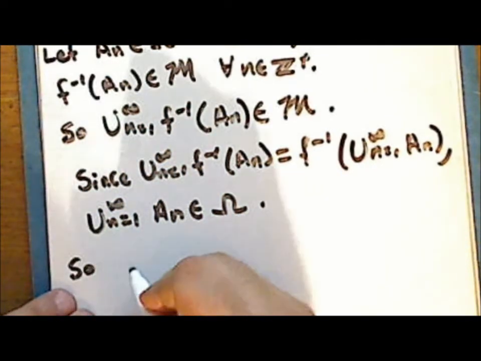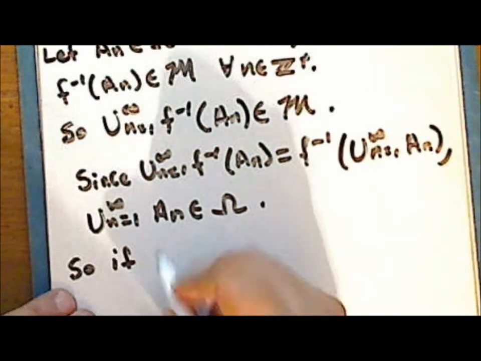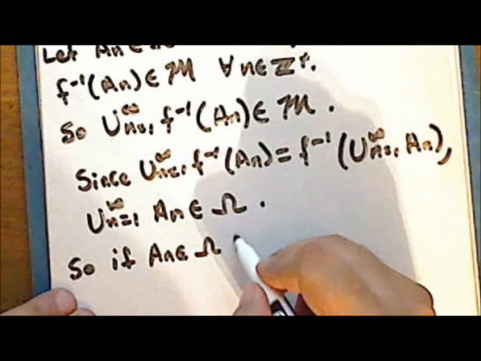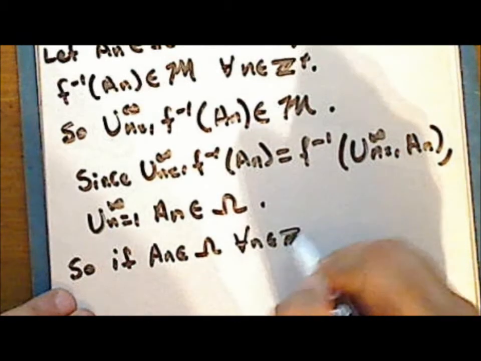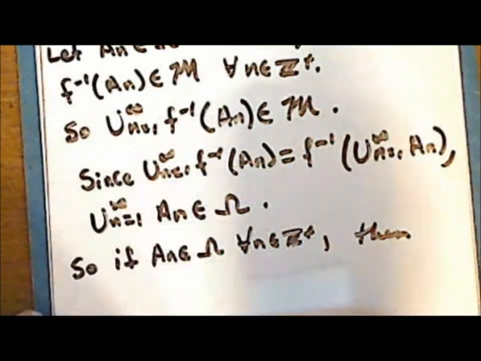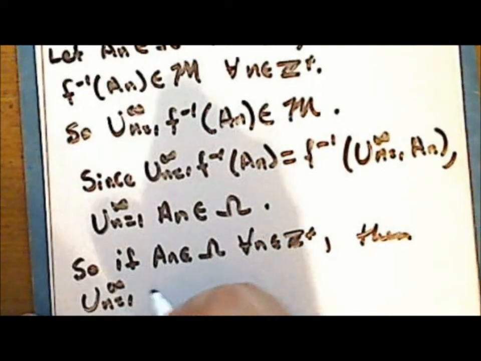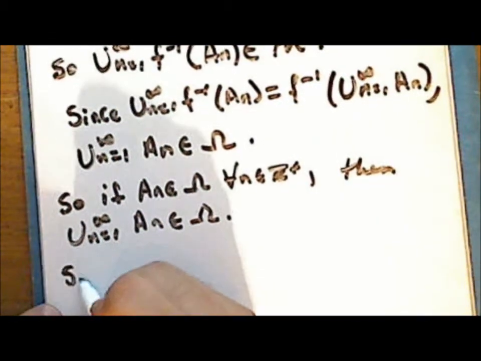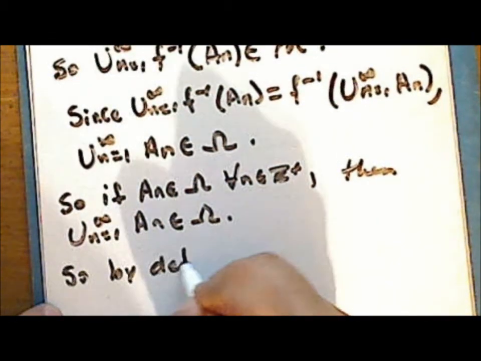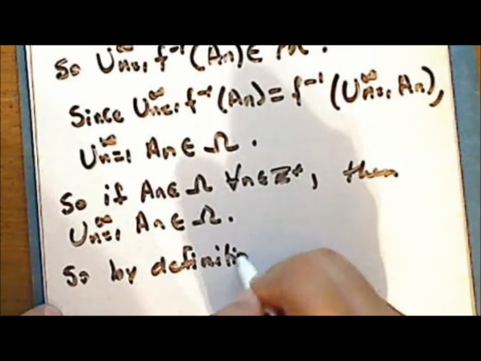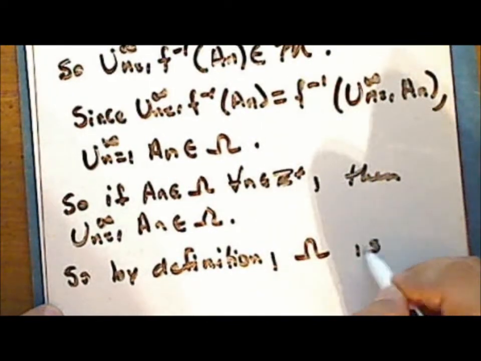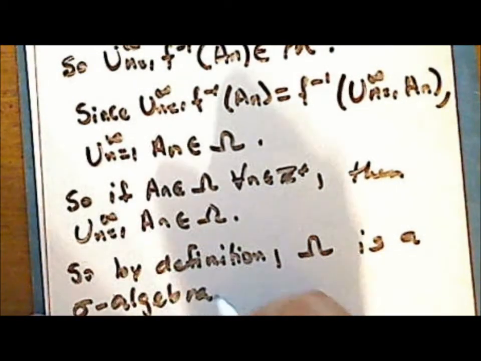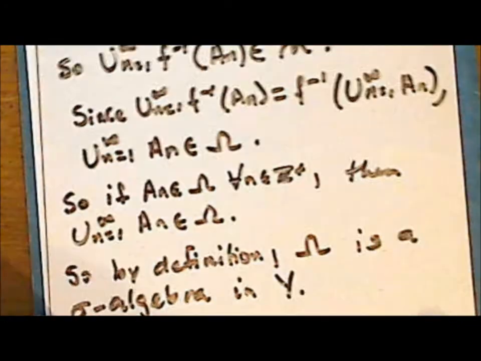And so we have the condition that if a countable collection of sets is in the collection omega, then the countable union of those sets is in the collection omega. And so by definition, the collection omega is a sigma algebra in the space Y. All right?